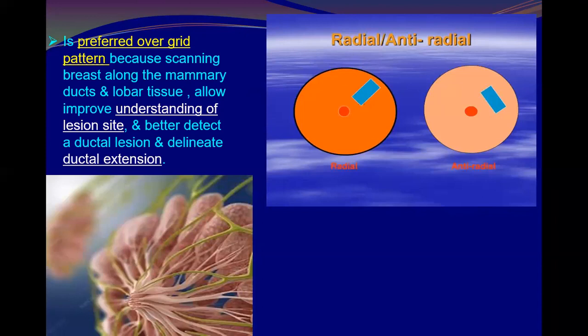Because when we put the transducer in a radial direction, this is the direction of the ducts. If you can see here, this is the transducer along the ductal system. That is why. While with the Minder technique, or grid technique, it will be transverse or longitudinal, so it will cross the ductal system.